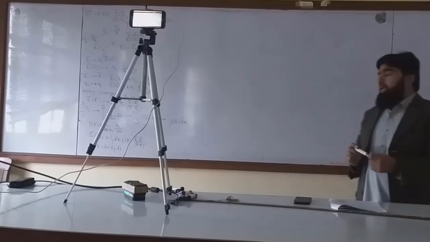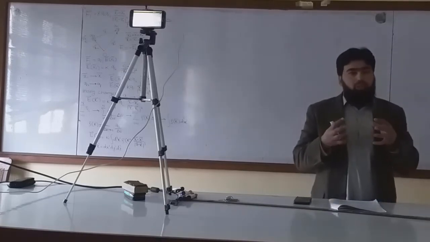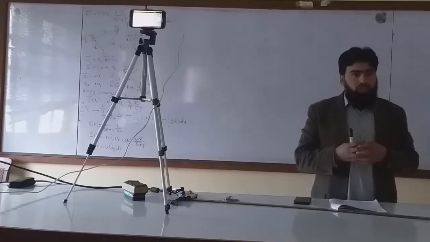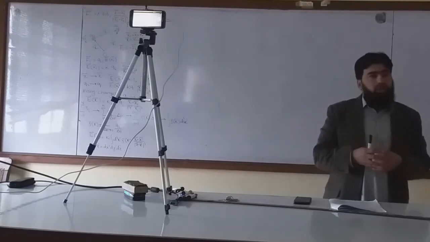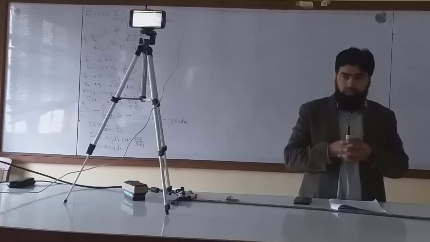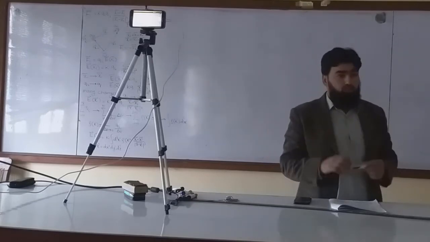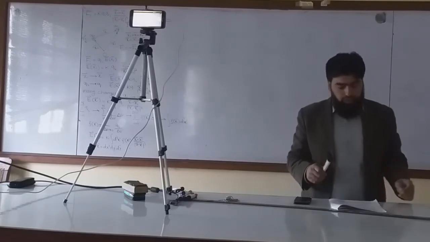Now as we have joined all the charges, and all the charges are now summed up, or integrated, so we have used the integral. There is now a continuous distribution of charges.